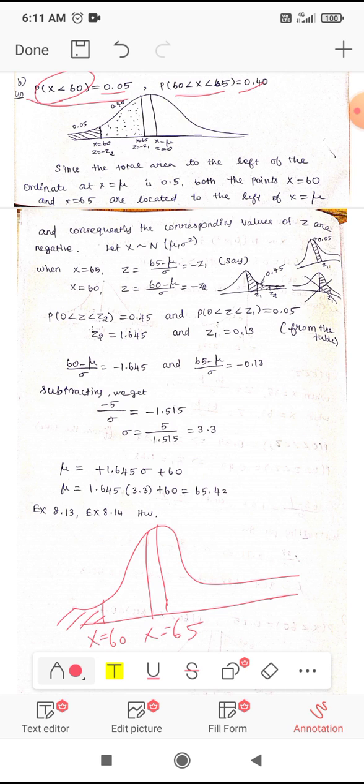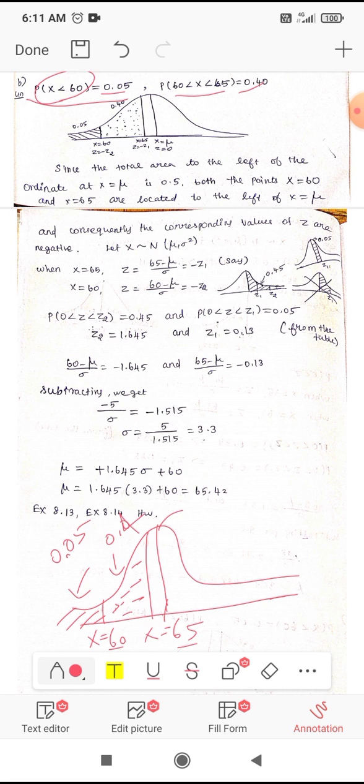Under 60 is 0.05, and the values between 60 and 65 is 0.4, so for this region it is 0.4.